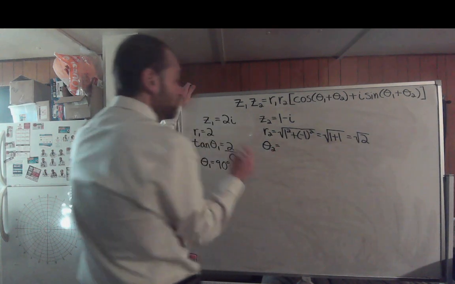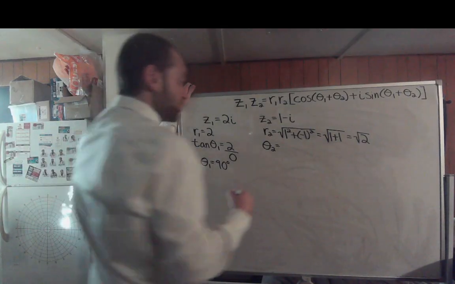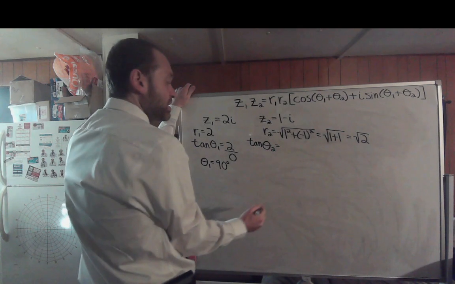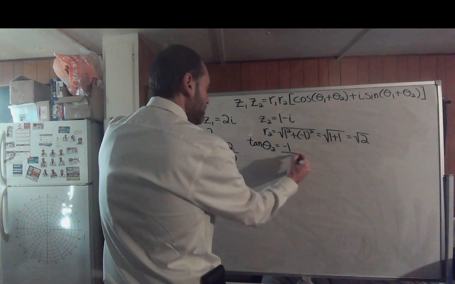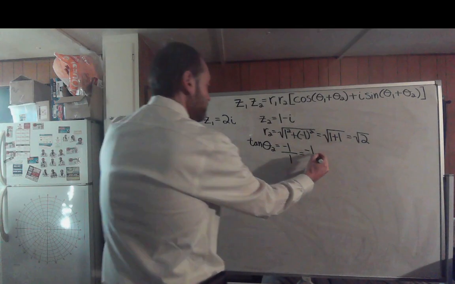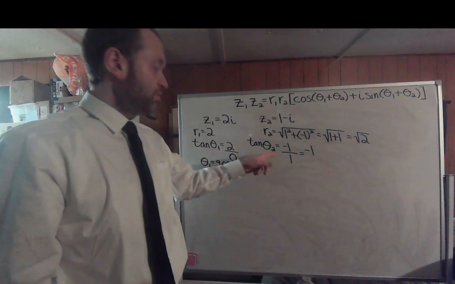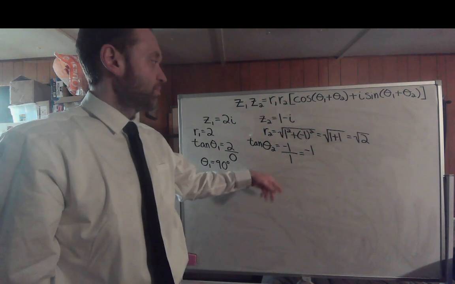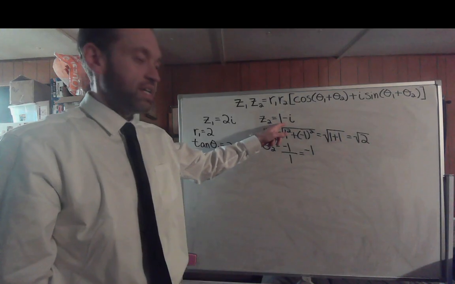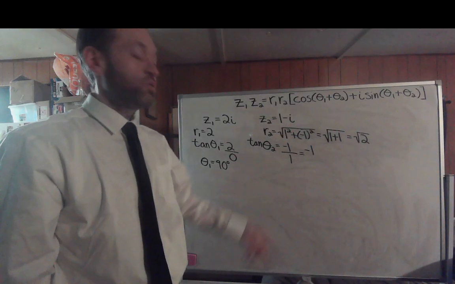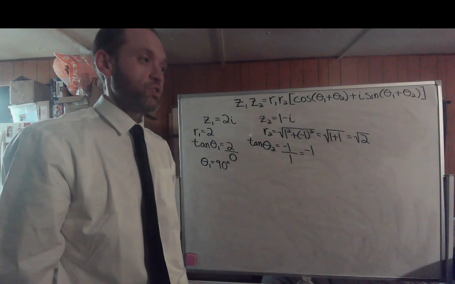Theta sub 2, well, that's going to be equal, of course, well, let's say the tangent of theta sub 2 to start with. That would equal negative 1 over 1, or simply negative 1. Alright, well, if we look at this here, the z sub 2, a is positive, b is negative, that's going to actually put us in the fourth quadrant.